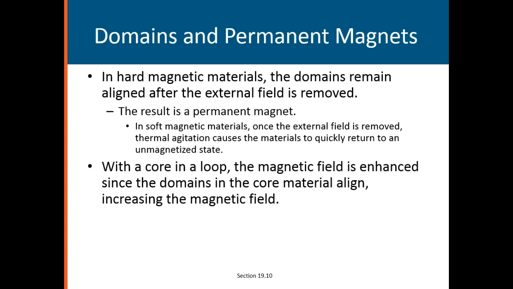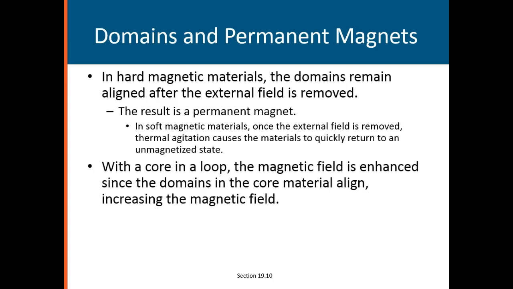The softer ones, that has nothing to do with hardness of the material, it's just softer magnets. They are easier to magnetize, but then they lose their magnetism more easily. So in the hard magnetic materials, which are basically your nickels and cobalts, and the alloys that have more nickel and cobalt in them, the domains remain aligned after the external field is removed, and they remain there for a longer time. The result is a permanent magnet.